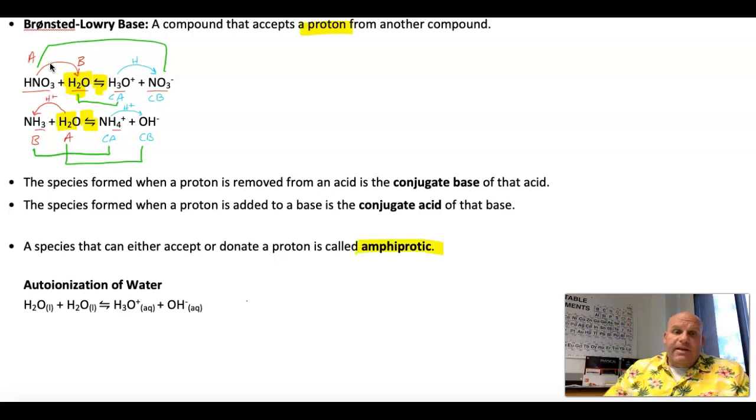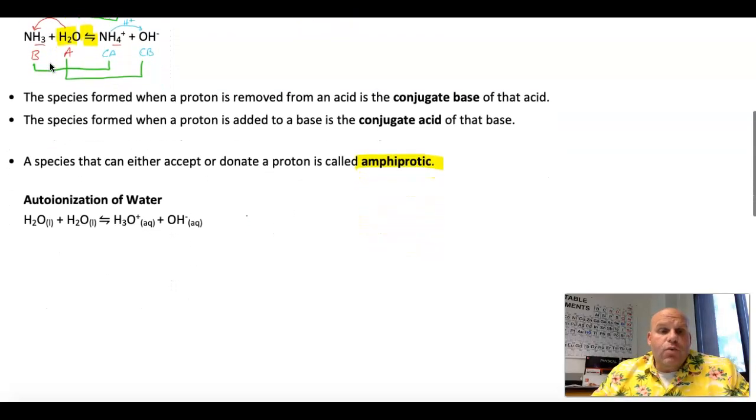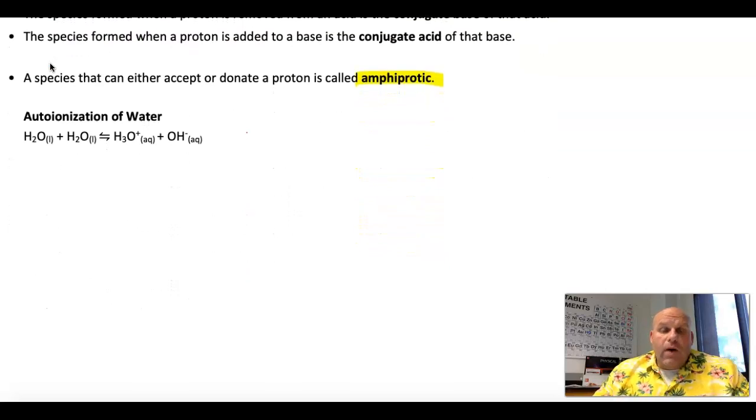That means it can either accept or donate a proton. If you put water with an acid, it's going to accept a proton and act like the base. If you put a base in water, it's going to donate the hydrogen and act like an acid. This leads us to what's known as the autoionization or self-ionization of water.